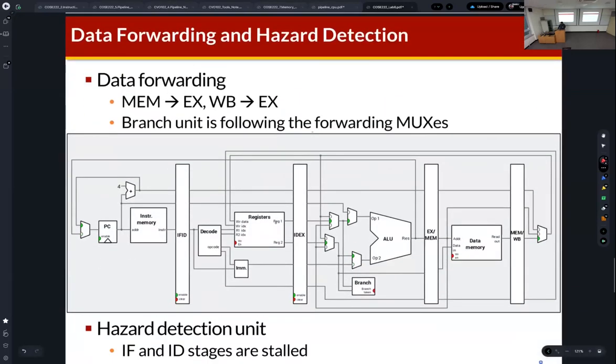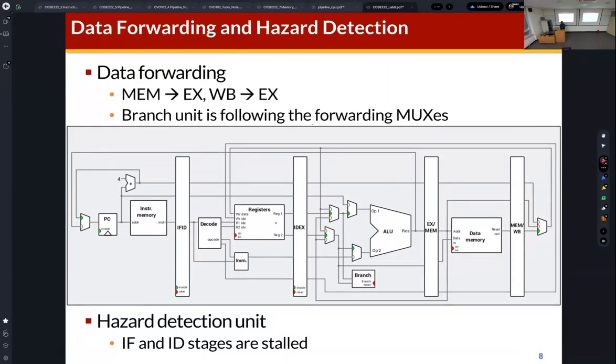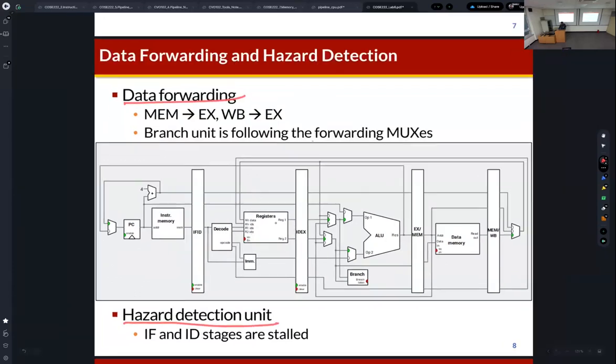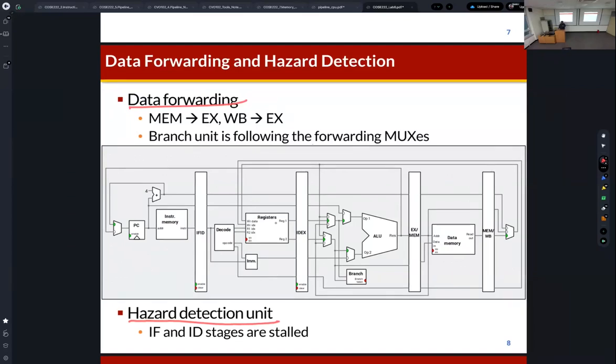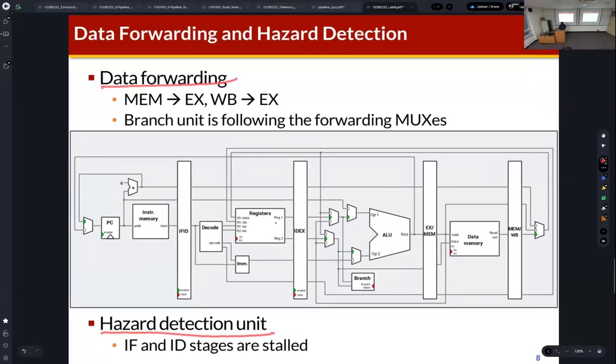But you need to implement the data forwarding and hazard detection unit. Okay. So the result of the ALU or result of memory can be forwarded from the memory stage to the execution stage. So this one is the forwarding task. Also, the write back data can be forwarded into the execution stage.